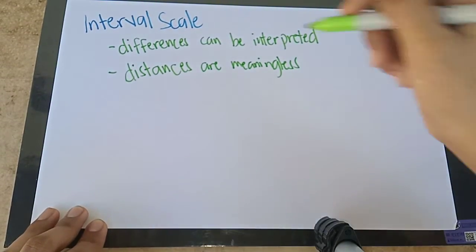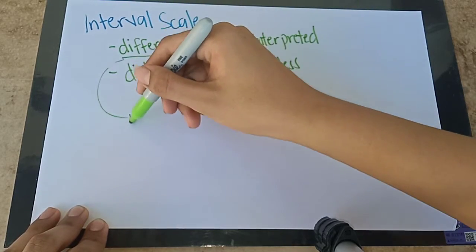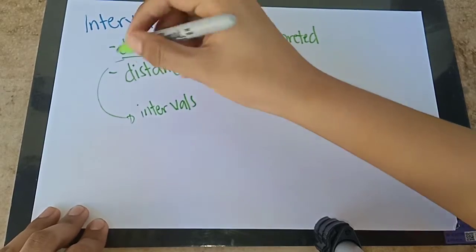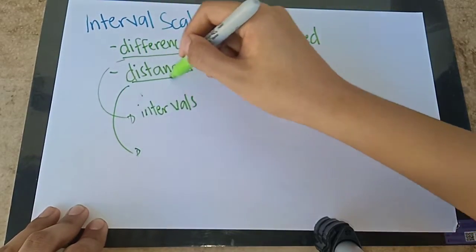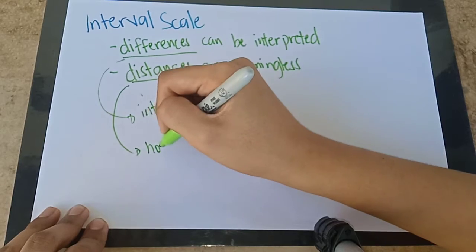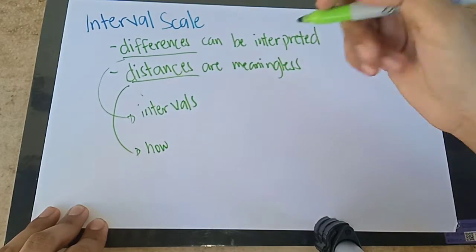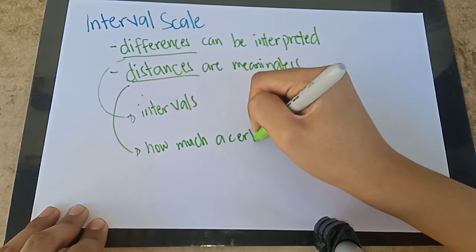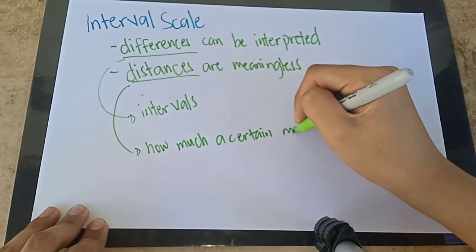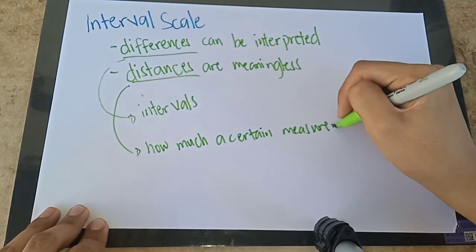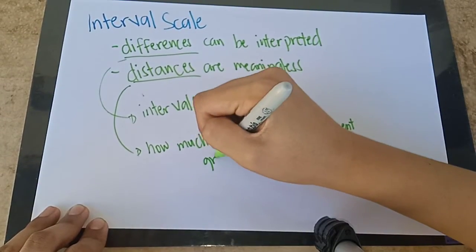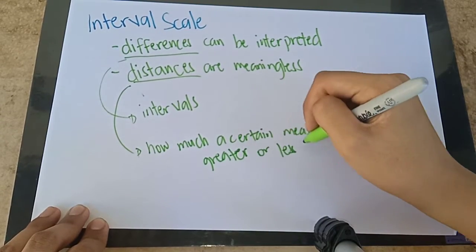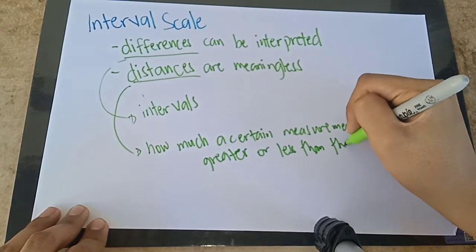Whenever we say differences, these are actually the intervals. And when we say distances, this states how much a certain measurement is greater or less than the other.